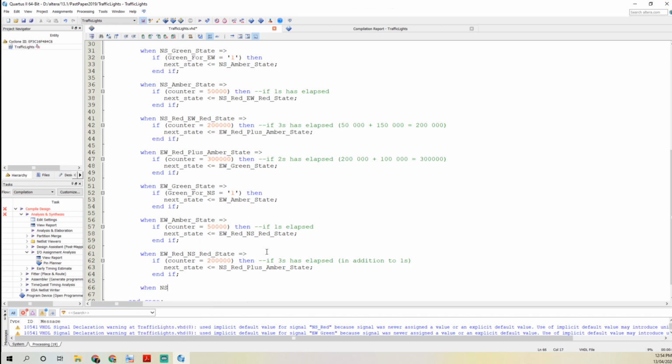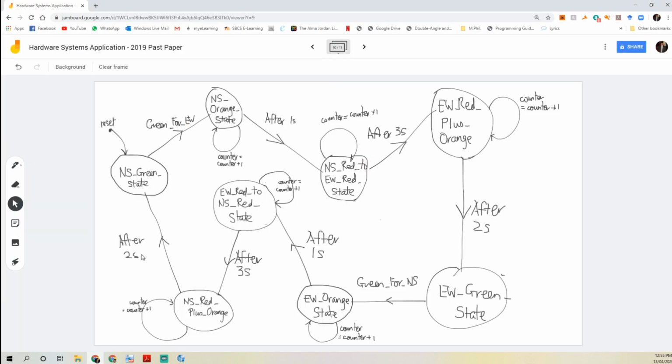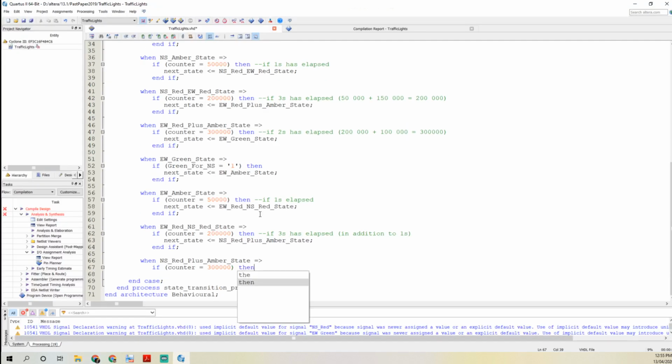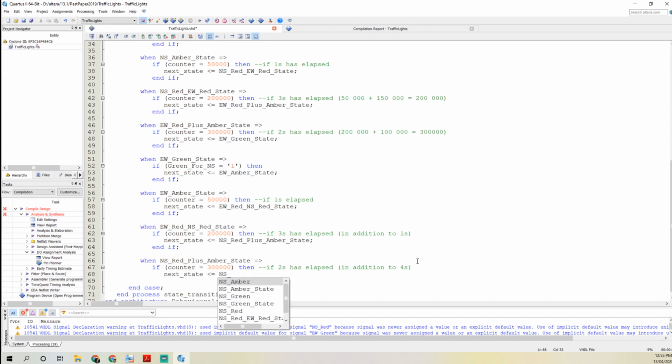So when I am in my north-south red plus amber state, if my counter is equal to 300,000, again, because I need to wait until another 2 seconds has passed here, I'm going to say in addition to 4 seconds, because I would have had 1 second passing here plus 3 seconds passing here, giving me 4 seconds in total. All right. Then, of course, my next state is going to be that north-south green state.